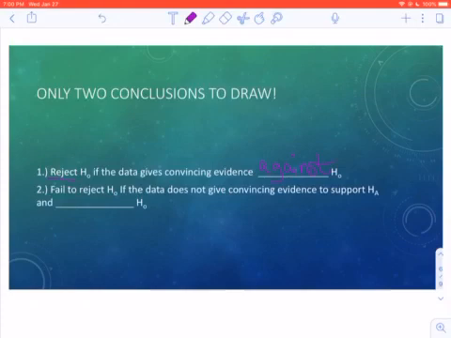It doesn't mean that H naught is true if you don't have enough convincing evidence. It just means that I don't have enough evidence to go against H naught. So if the data does not give convincing evidence to support HA, we fail to reject H naught, which we can also abbreviate as FTR, fail to reject.